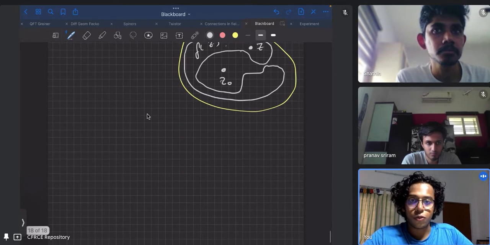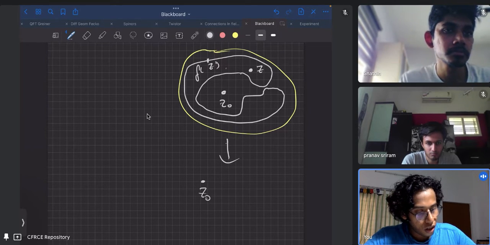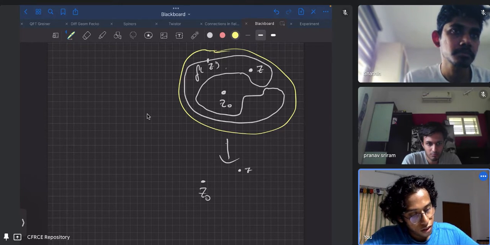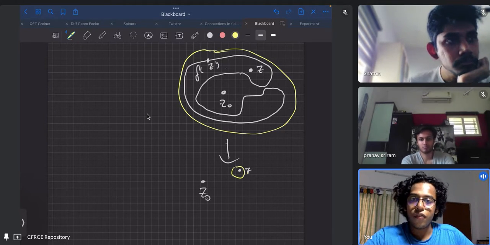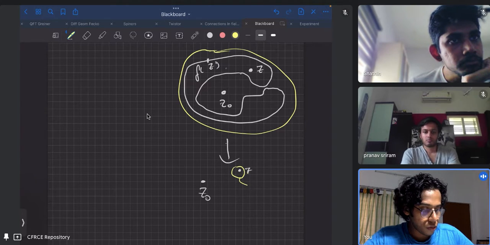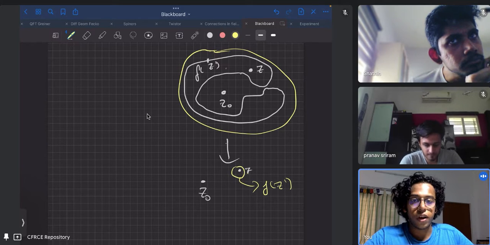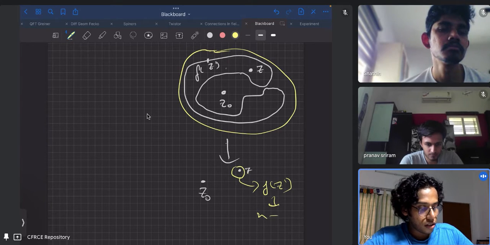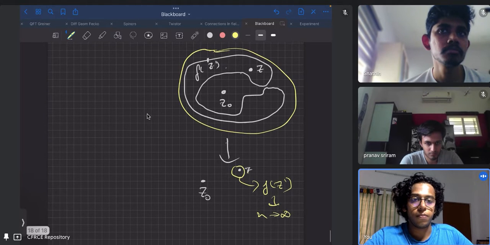Instead of taking some contour like this, it slowly reduces to z naught, and then you have z, and then everything else is excluded. This becomes your f of z prime at different points. So that happens as n tends to infinity. So you have f of z.